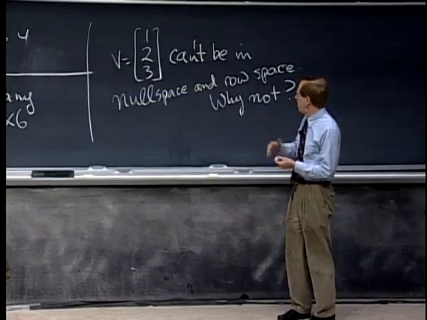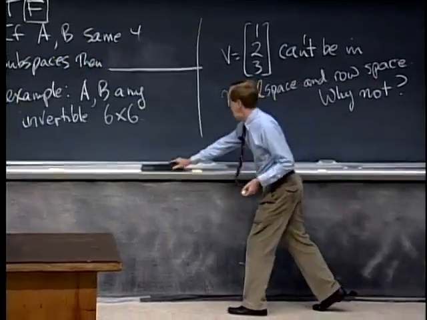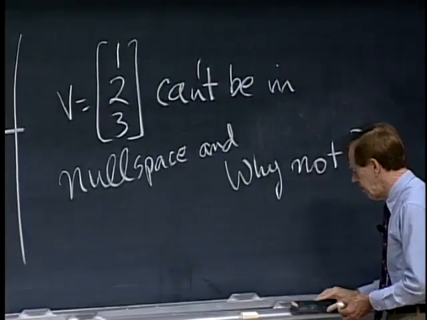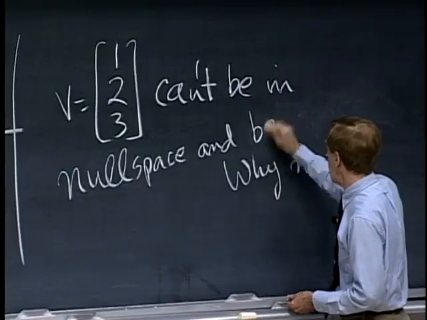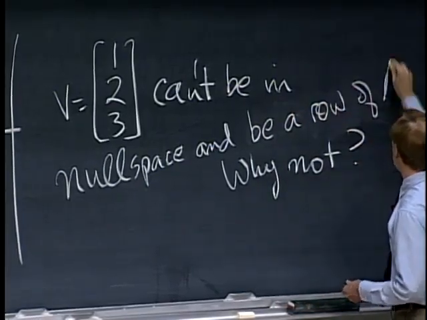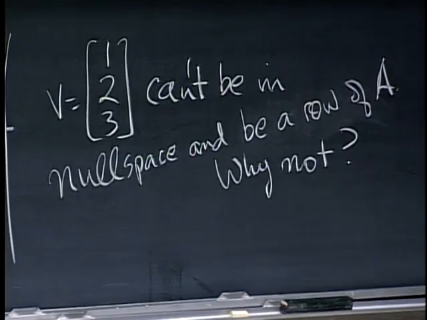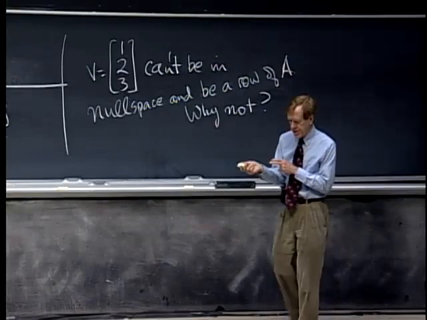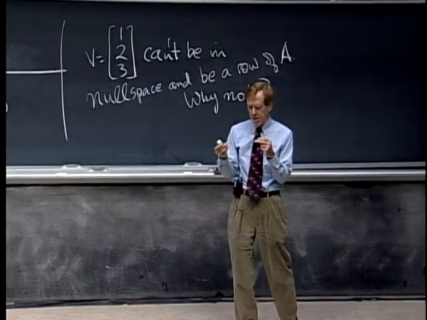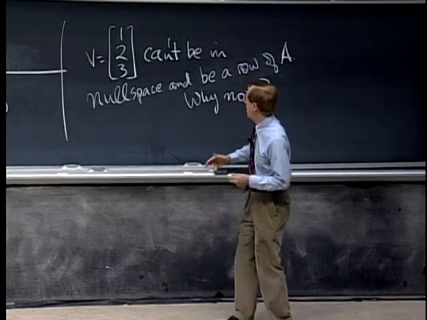Well, actually, yeah. I'll even pin it down. It can be in the null space and be a row. I'll even pin it down further. Ask it to be a row of A. Why not? So we know the dimensions of these spaces. But now I'm asking you about the overlap between them.